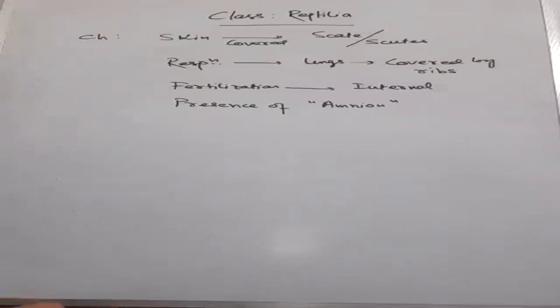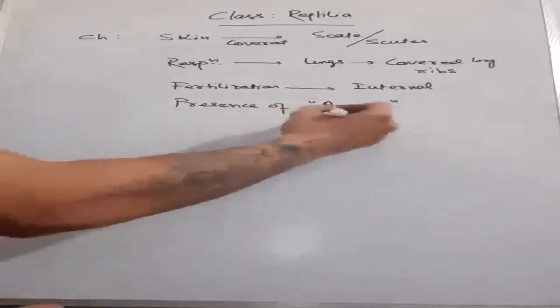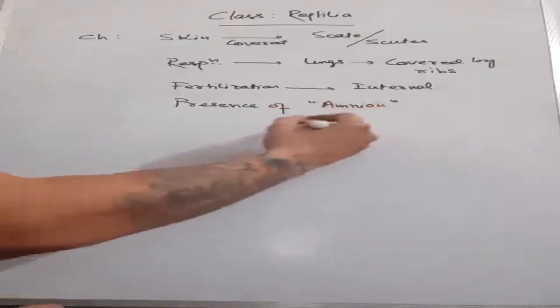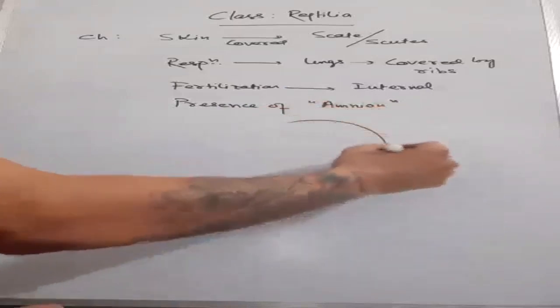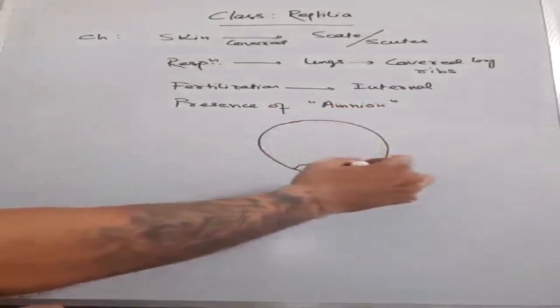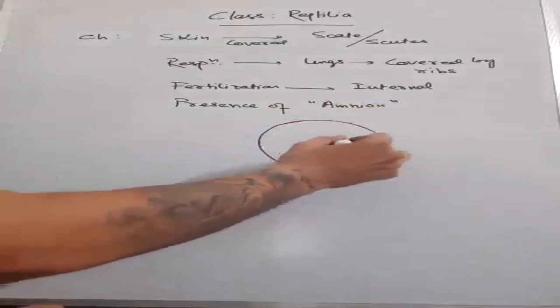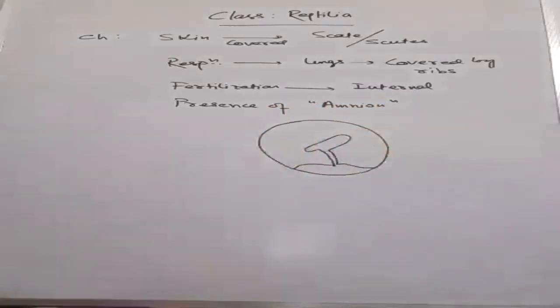Now, if you ask me how the presence of the amnion should look like: if this is a growing fetus, if this is the uterus, this is the placenta. Now through the placenta, there will be the embryo over here.